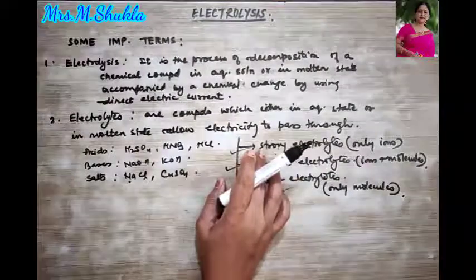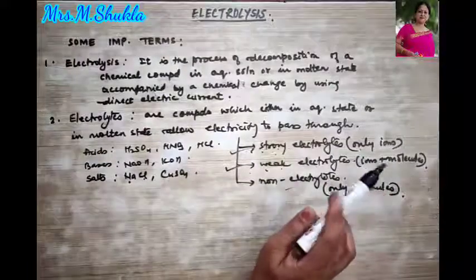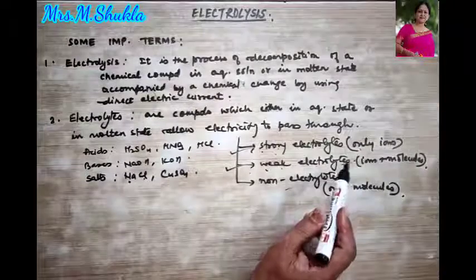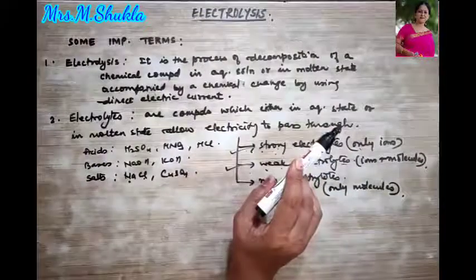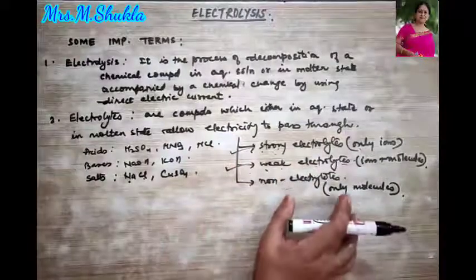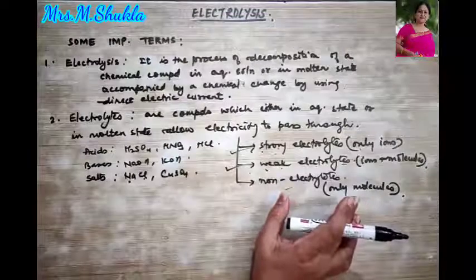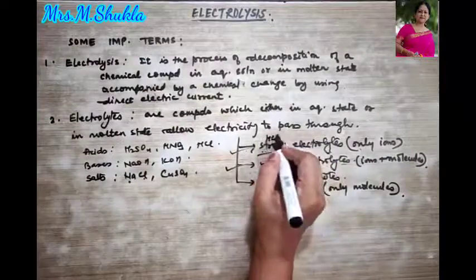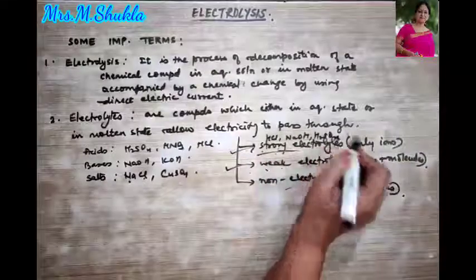Strong electrolytes contain only free mobile ions, whereas weak electrolytes have both mobile ions and molecules, so limited current will pass through them. Strong electrolytes always allow the bulb to glow brightly, whereas the weak electrolyte does not allow the bulb to glow brightly. Some examples of strong electrolytes are HCl, NaOH, H2SO4 and so on.